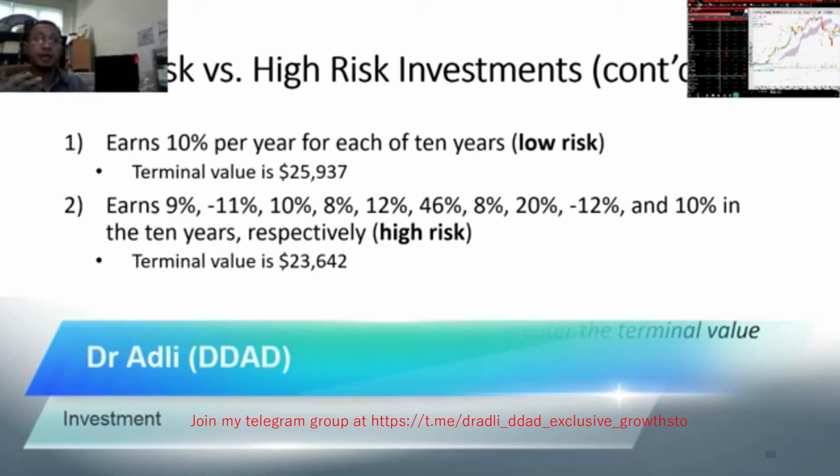That's why sometimes people invest in Tabung Haji and ASB, because ASB and Tabung Haji have been consistently providing a return that they can predict, at about 6 to 7% every year.